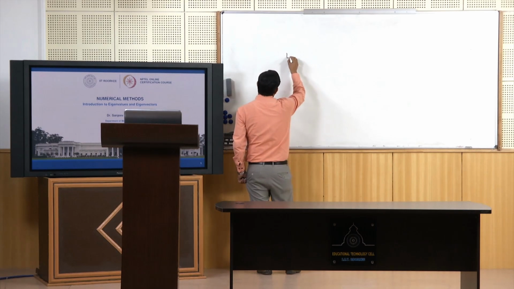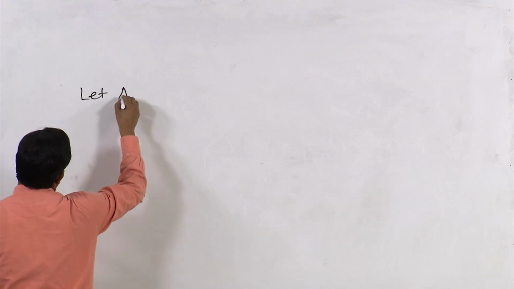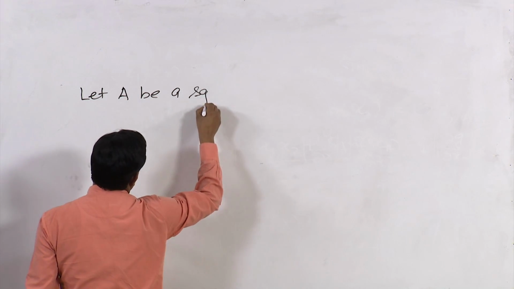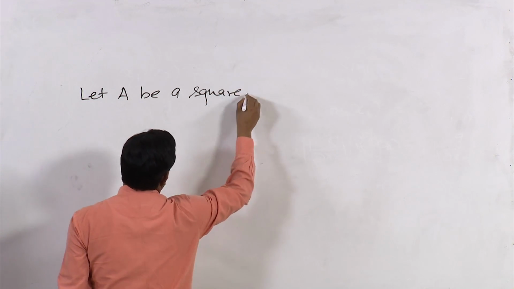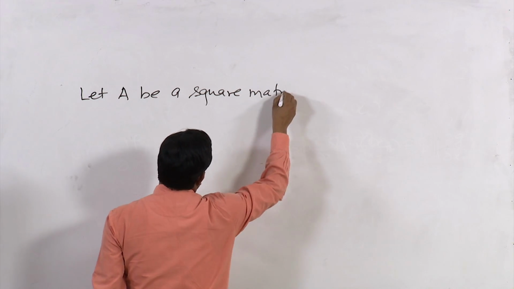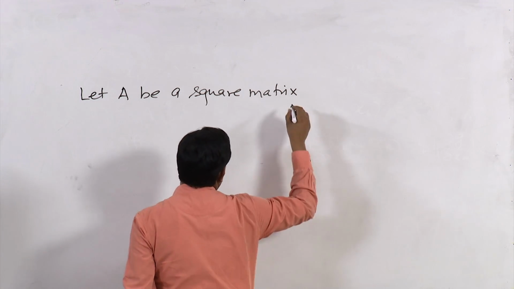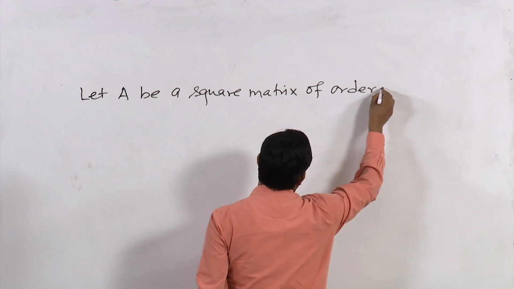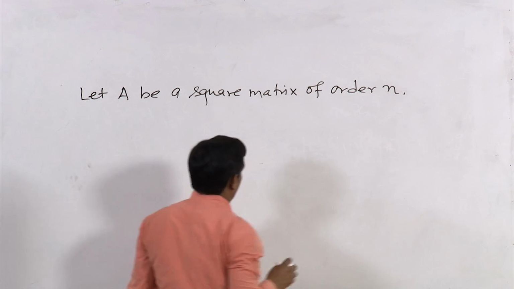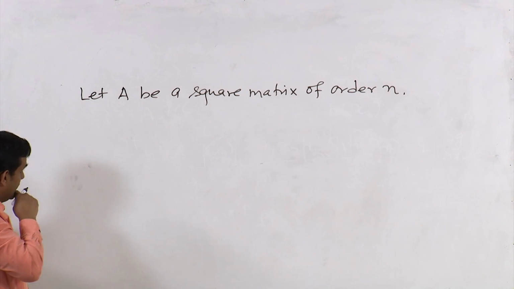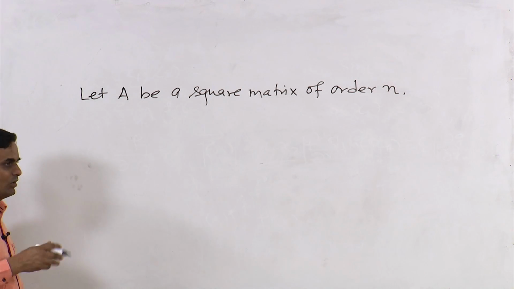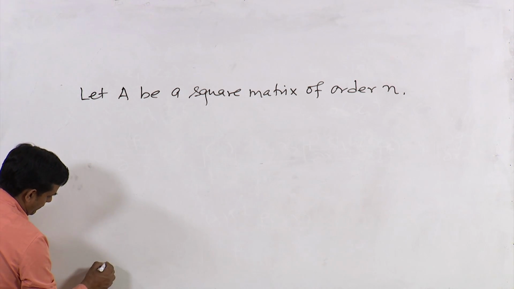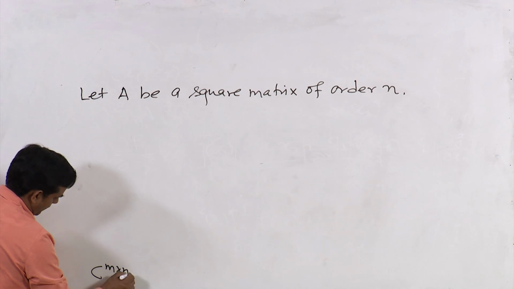So, let A be a square matrix of order n. So, it means this matrix A is an element of the vector space C^(n by n).